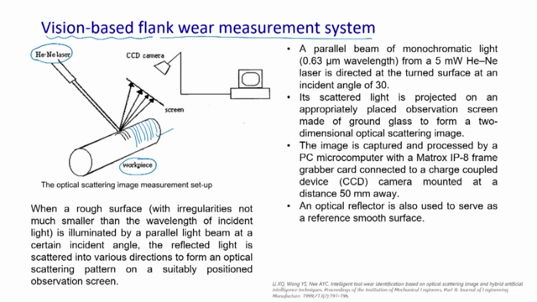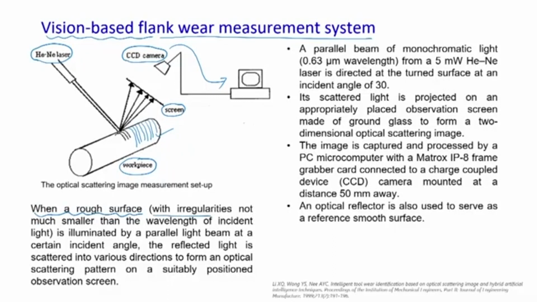The laser beam is applied and the reflections are recorded on the screen, and further a camera is used to get the photographs of the screen, and that camera is connected to the computer. Based upon the images of the reflected beams, we can easily find out whether the surface is proper. If the surface is proper, the tool is in a good condition.